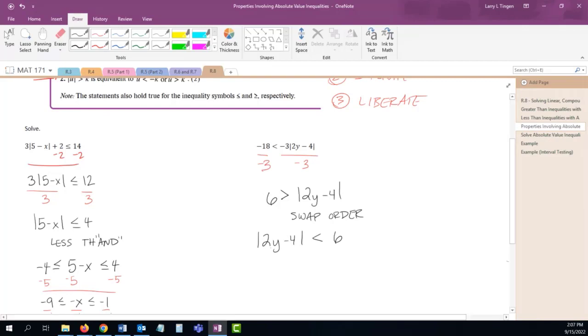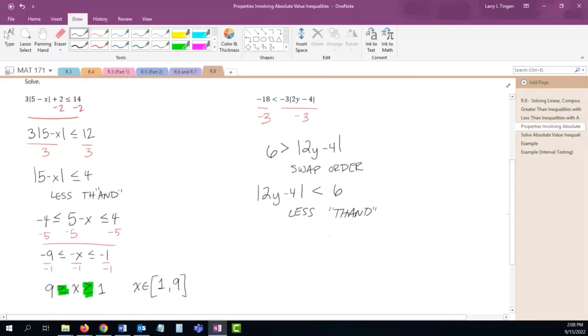Because the way that we've learned the rules, this is another less than. This is an and, right? So that means what's inside the absolute value is less than 6, greater than -6.